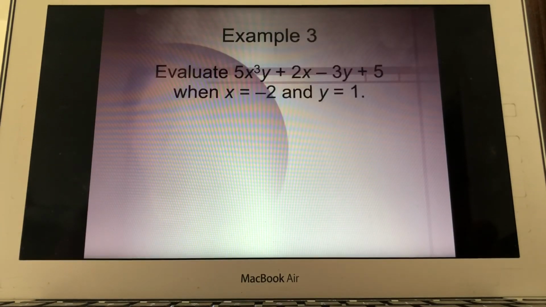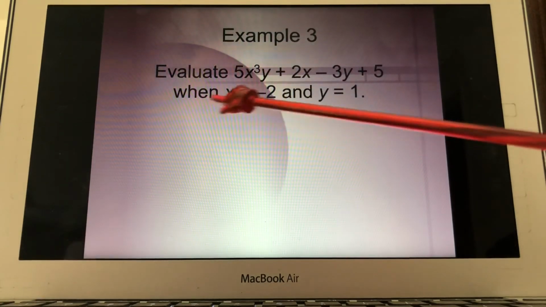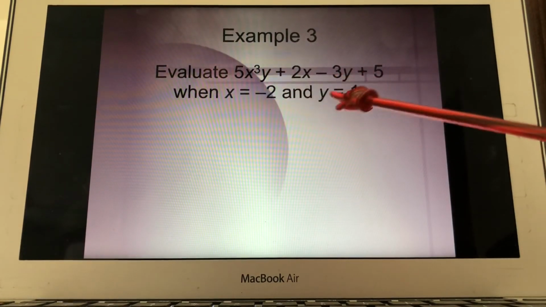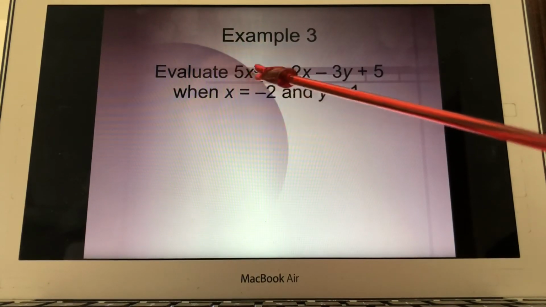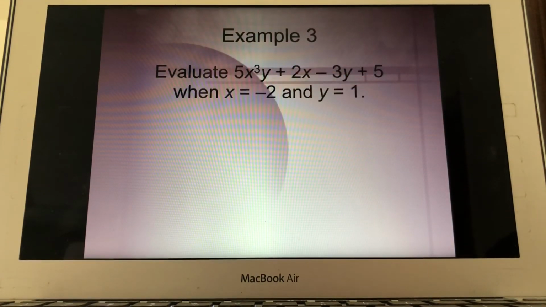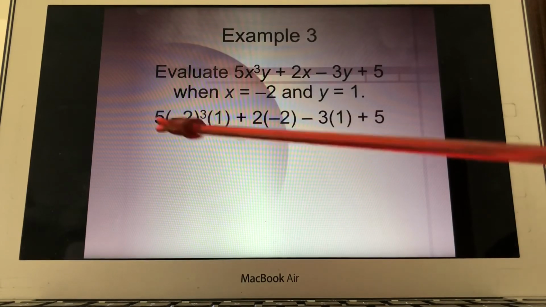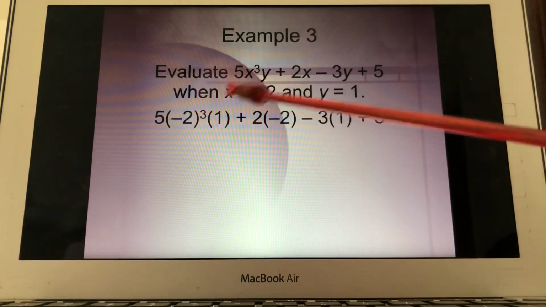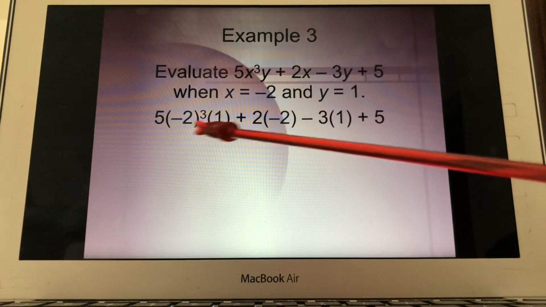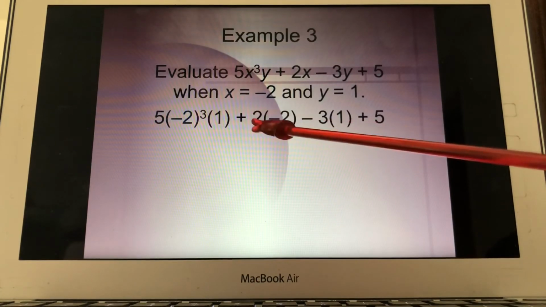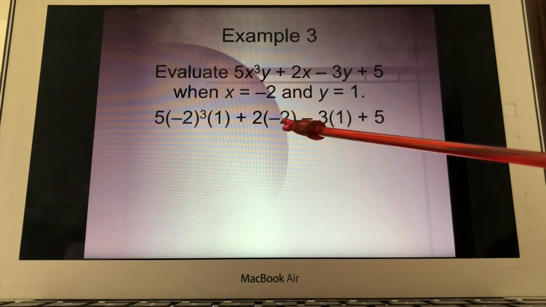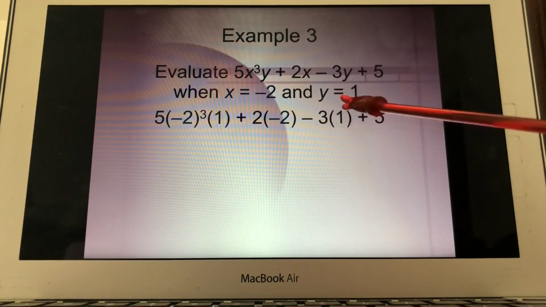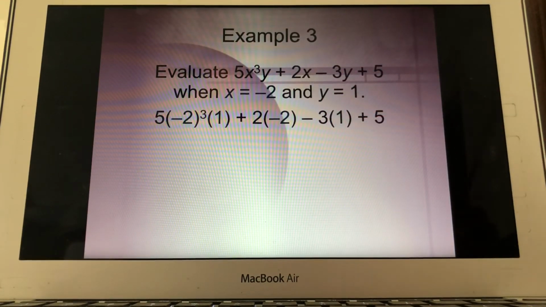For the next example, let's say x is -2 and y is 1. So you're going to plug in your values for x and y. We have 5 times negative 2 cubed times 1, and then 2 times negative 2, because x is negative 2. 3 here times 1, and then plus 5.